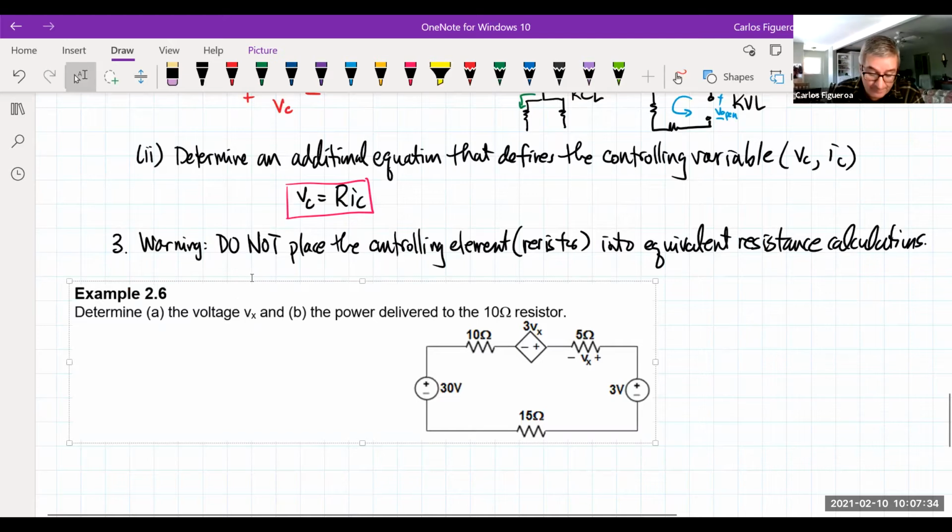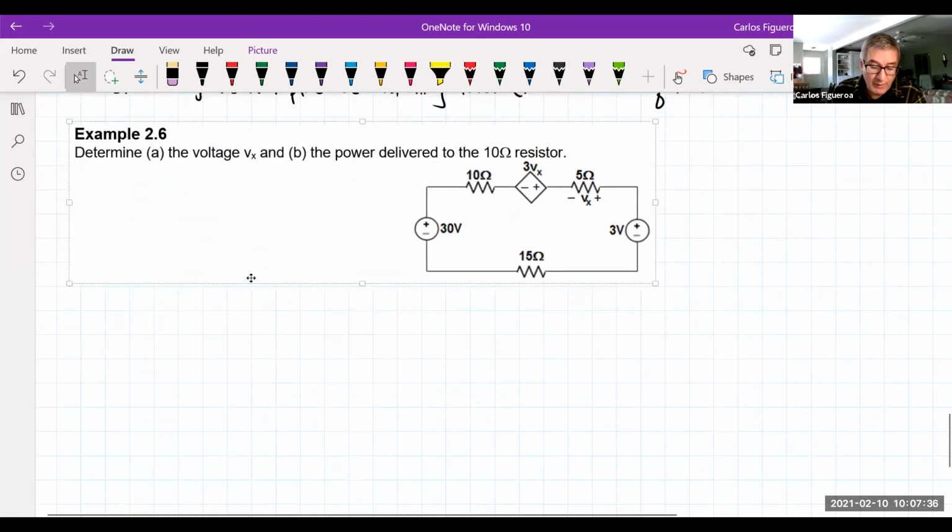So here we go. What we want to do here is determine the voltage Vx, and we want to determine the power of the 10 ohm resistor. So how do I do that? You can clearly see that we have a voltage controlled voltage source, and you can see that that thing is defined across the 5 ohm resistor.